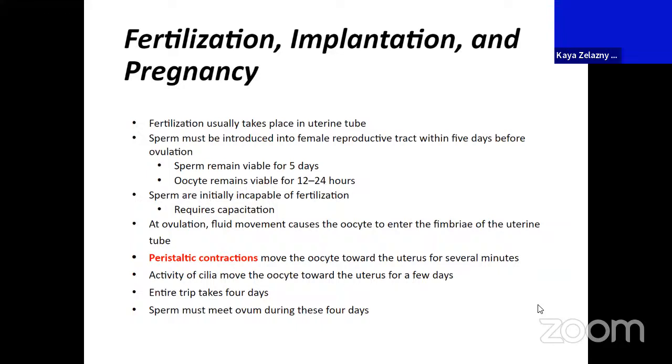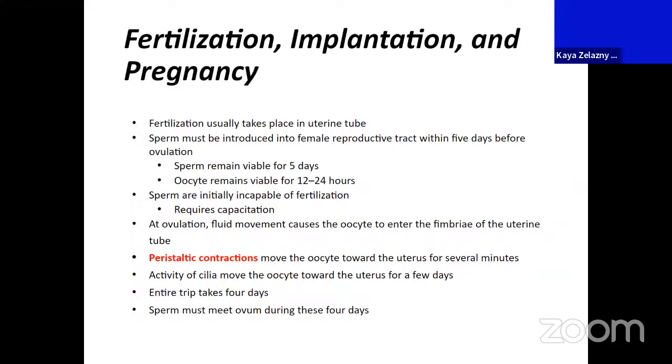So they are going to die and degenerate and not be functional after a day, right? So as soon as ovulation occurs, the potential for fertilization, that window is only open for a little bit under a day, basically.